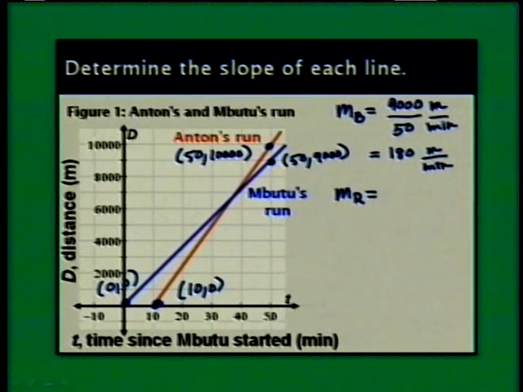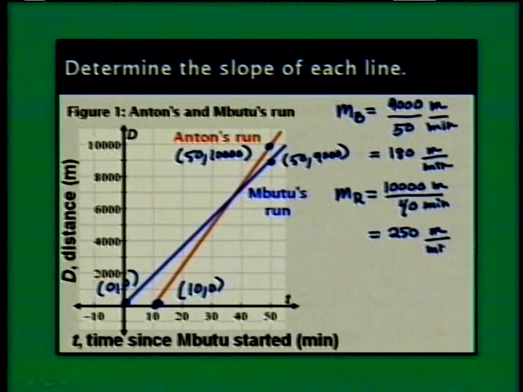We're going from 10 minutes to 50 minutes. So 10,000 meters per 40 minutes. 4 goes into 100 25 times, so 40 goes into 10,000 250 times, so I end up with a slope of 250 meters per minute.